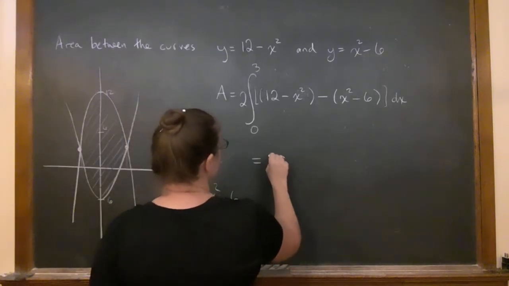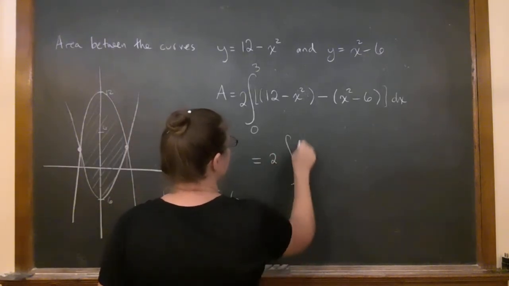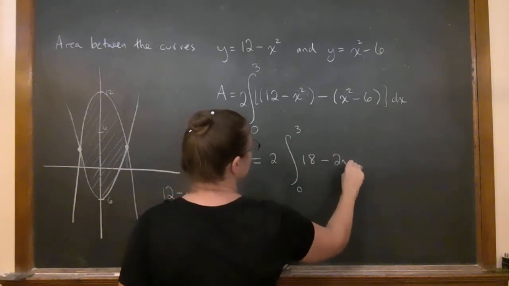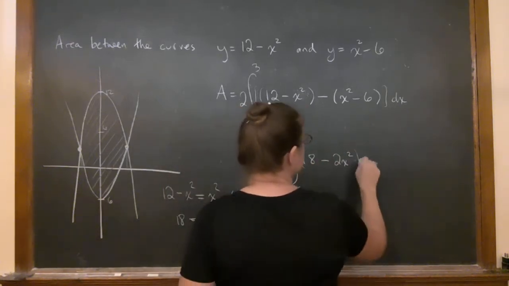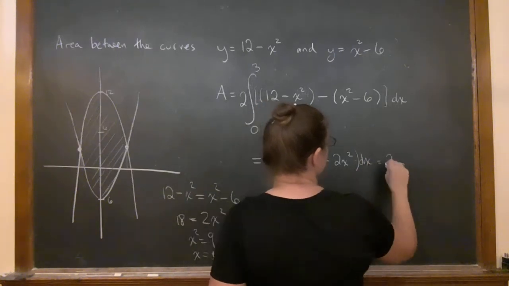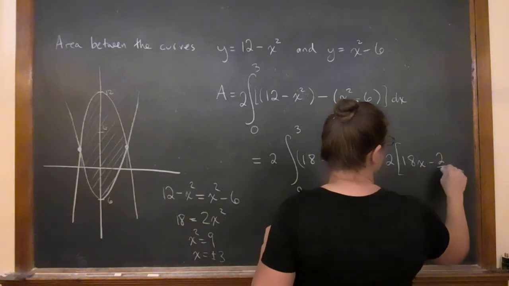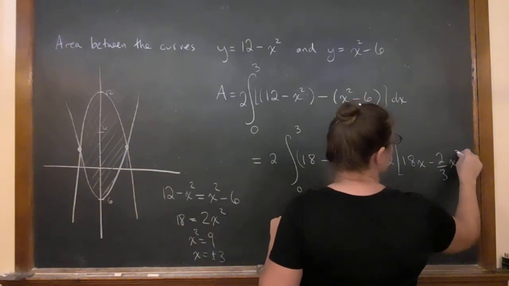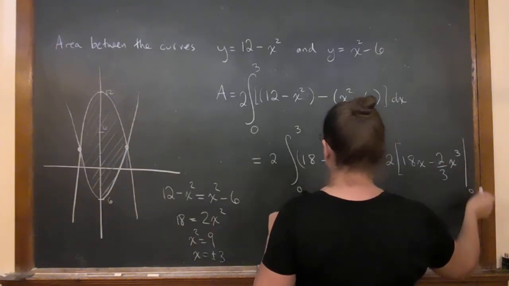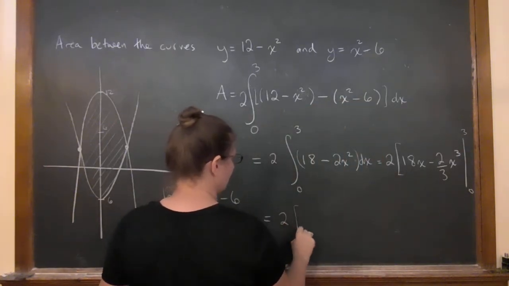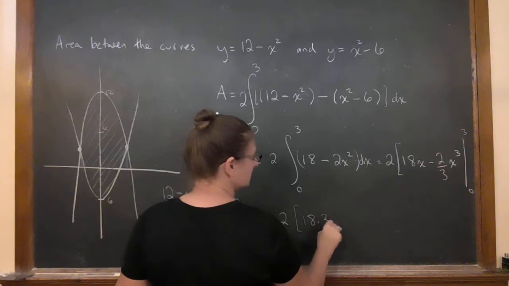I'm going to clean it up. 12 plus 6, 18, and then minus 2x squared. So this is 18x minus 2/3 x cubed from 0 to 3. So what do I have here? 18 times 3.